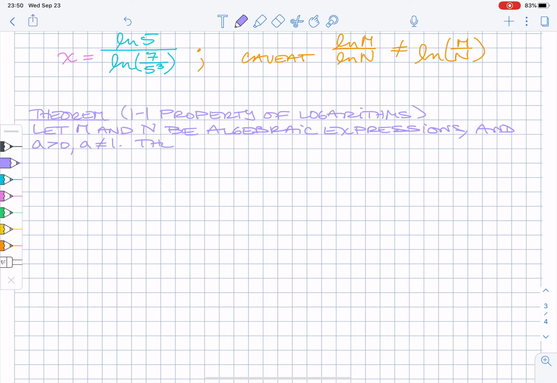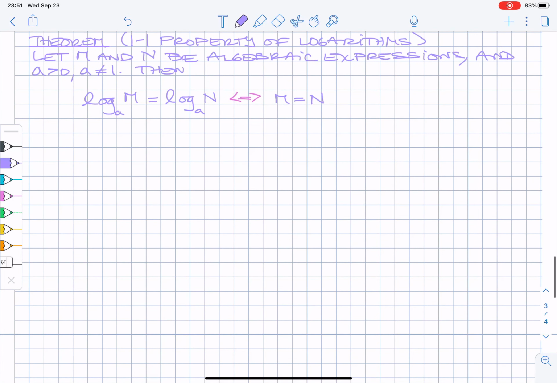Then, if I have log base a of m equal to log base a of n, this implication goes both ways, and it is that the argument m must be equal to the argument n.